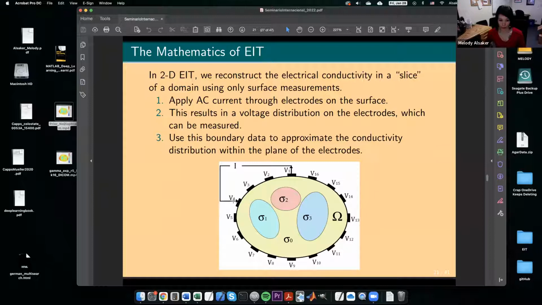We apply an electrical current to typically two electrodes on the domain boundary. The current propagates through the domain, and this creates a voltage distribution on all of the electrodes that can then be measured. Then we want to use that boundary data, the known electrical currents and the known boundary voltages, to reconstruct that internal conductivity distribution.